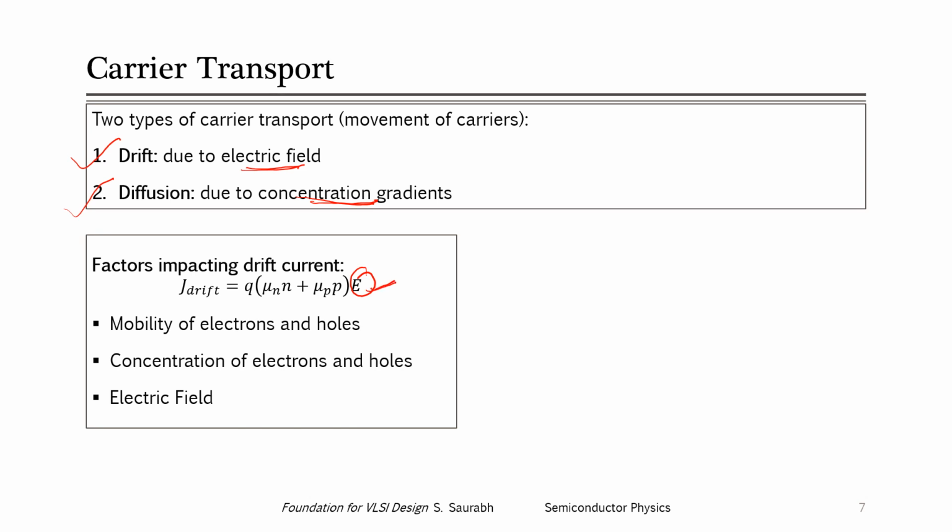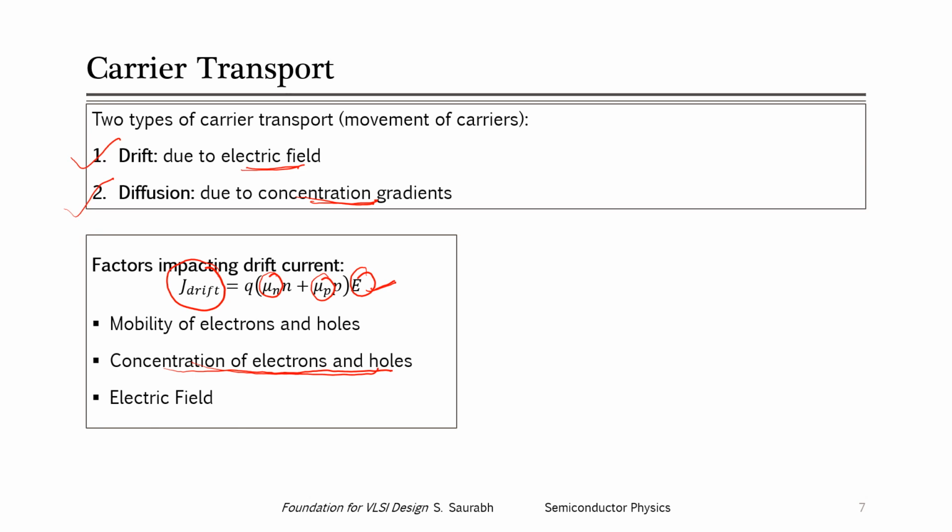Then the second thing is the mobility, right? If the mobility is high, then the drift current density will be high. J drift is the drift current density, and μn and μp are the mobility of electrons and holes respectively. So the electron and hole mobility, how much it is, will decide the drift current density, and also the concentration of electrons and holes, right?